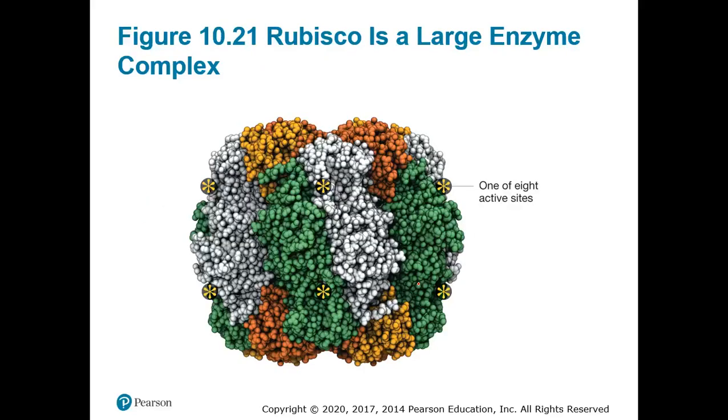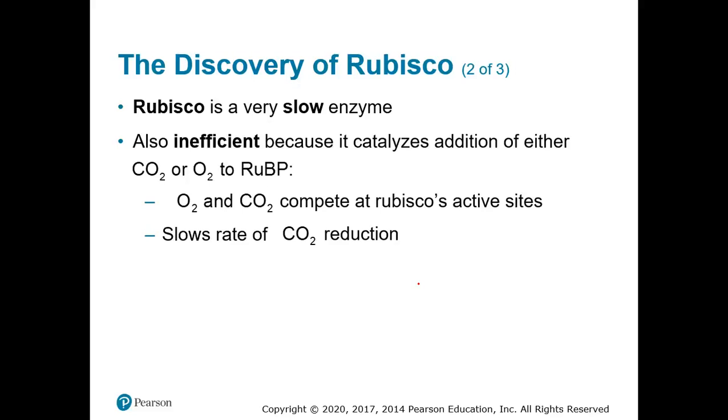Now, here is Rubisco, very large enzyme, 8 different active sites, so it can process a lot of stuff at once. But the thing about Rubisco is that it kind of sucks at its job. Okay, it is not very good at fixing carbon dioxide. It's slow. It's inefficient. And what we mean by inefficient is that it can't really tell the difference between carbon dioxide or oxygen.